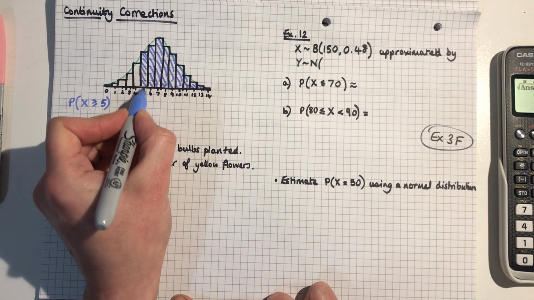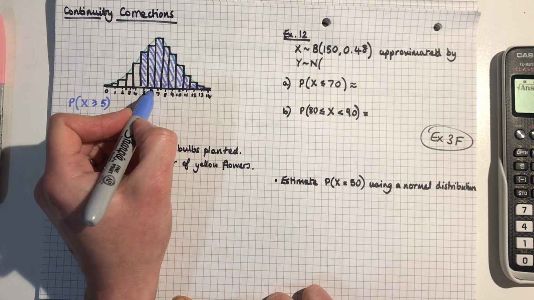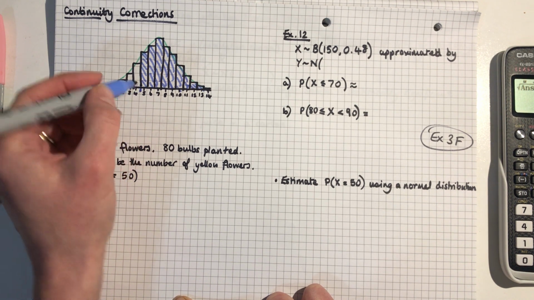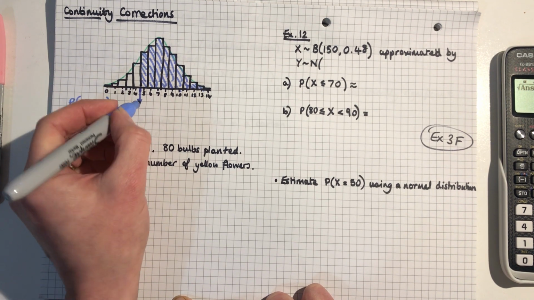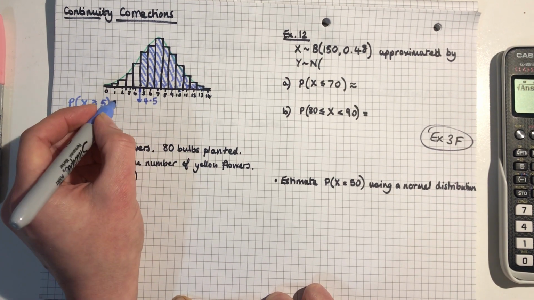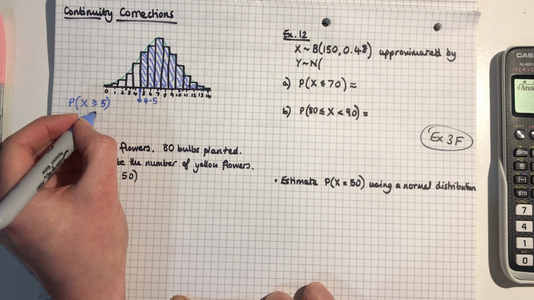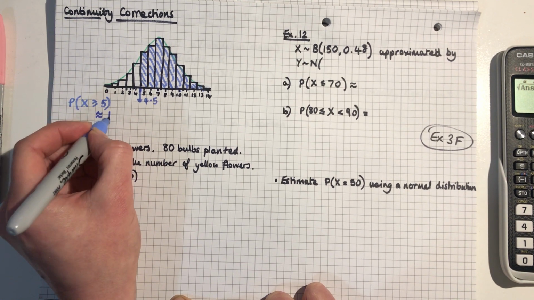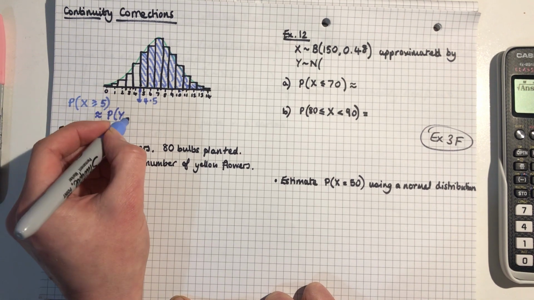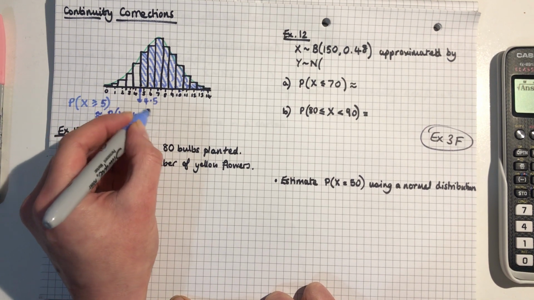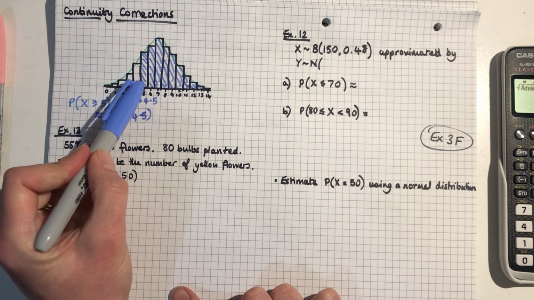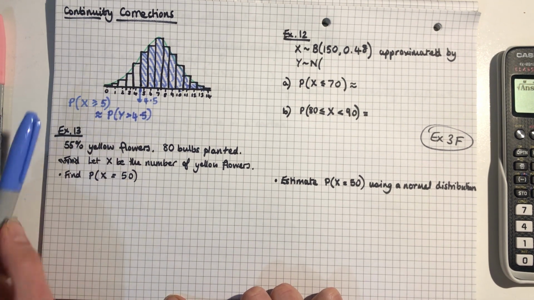The bar that covers the value 5 actually starts at the lower bound of 5 here, which is 4.5. So when we approximate it, that would be approximately equal to the probability that y, which is the normal distribution, is greater than 4.5. We would use the lower bound of this value 5.